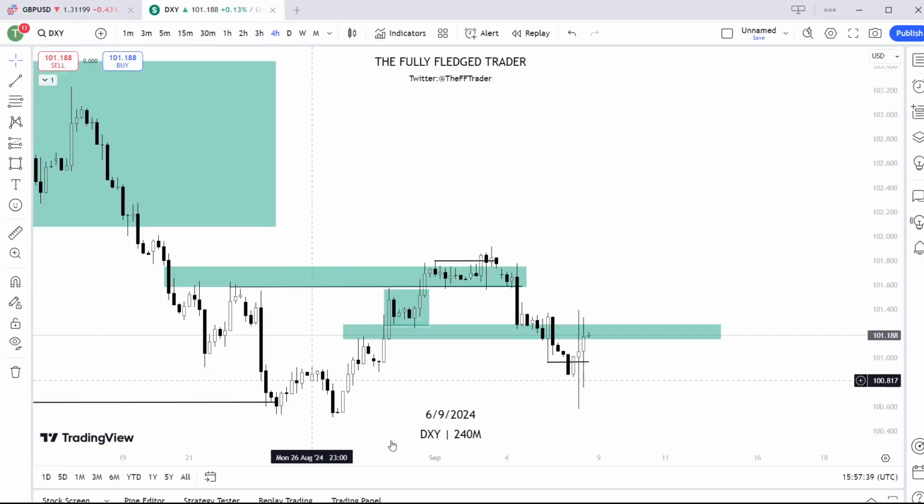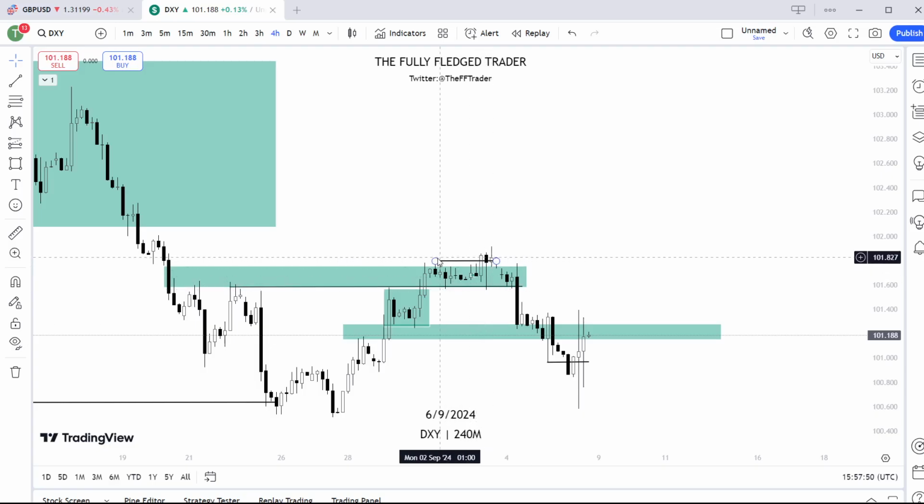So as you can see, as price was trading higher, targeting the inefficiency that I had marked, there was level one here, level two. Price turned back a little bit, pushed the buy side liquidity. There was level one here, level two there.